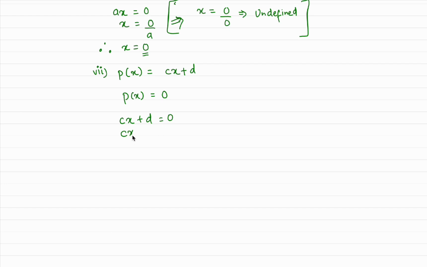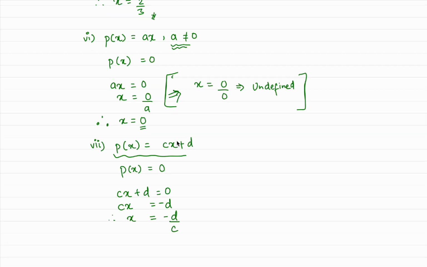I need to find x, so this d, when it goes there, becomes negative d, and then we have our x as negative d over c, okay? And so minus d by c is the zero of our polynomial cx plus d. And that's how you find zeros of a polynomial. You equate the polynomial with 0, and find the value of x, and the value of x that you get at the end is the zero of the polynomial.